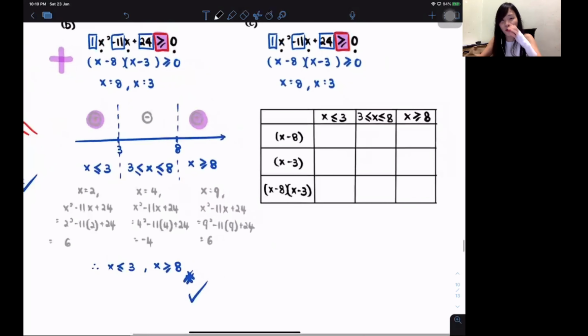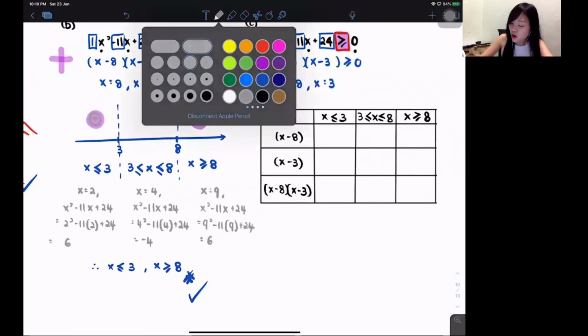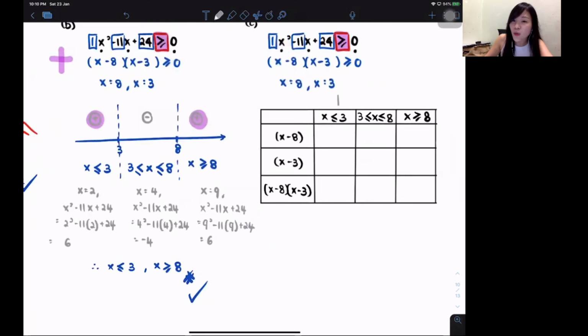Now I'm making this big, hopefully all of you can see. So now, how do you do it? Super easy. On this particular column, we are talking about x smaller than 3. Think about any number that's smaller than 3, then apply that number on this row. Let's say 0. I know just now I used 2, but now I want to be consistent, so I'm using 0.